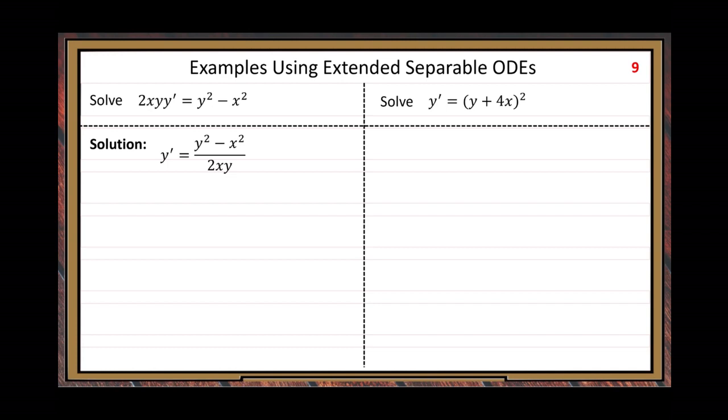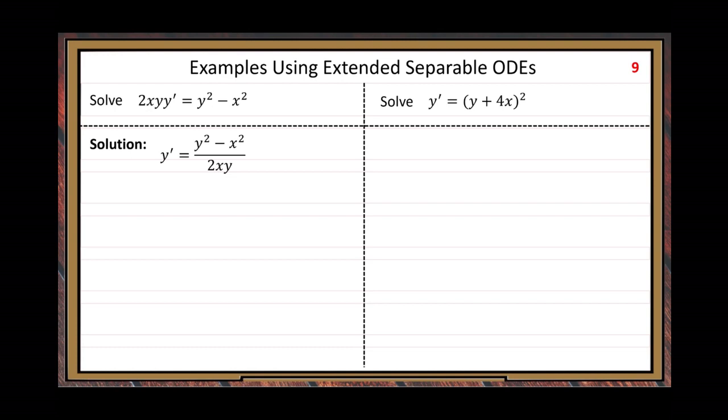Let me tell you. You look at the degree of each term. Here we call it total degree. The degree of the y term is 2, and the degree of the x term is 2. For this term, x has 1 contribution and y has 1 contribution, so the total degree is 1 plus 1, also 2.